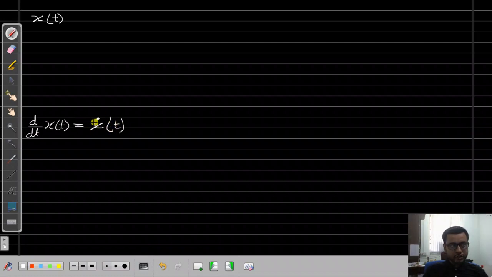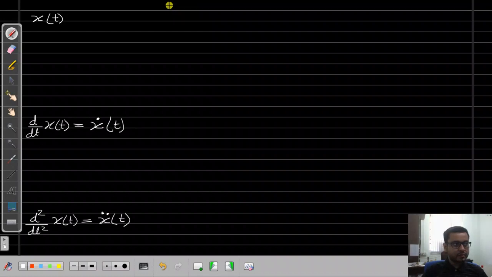This dot denotes the time derivative of a signal. Similarly, the second derivative, which is d2/dt2 of x(t), can be denoted as x double dot t. Similarly, the third derivative will have 3 dots and so on.